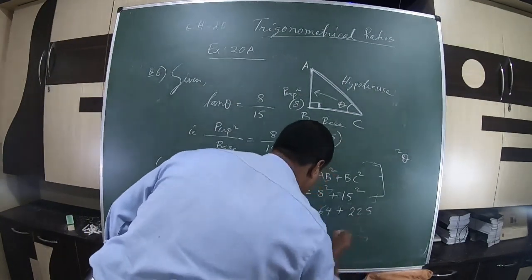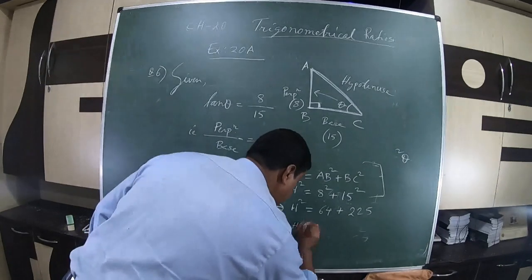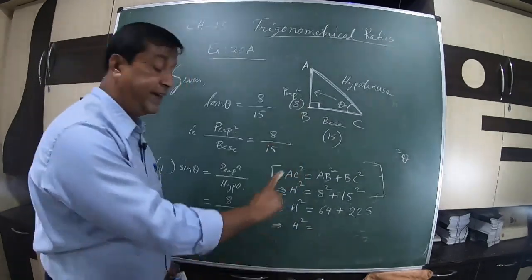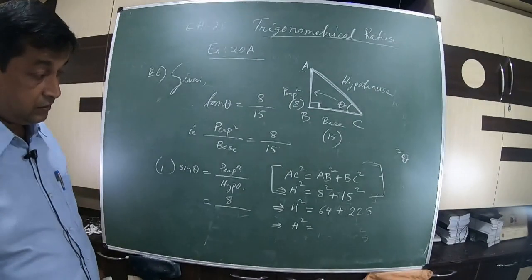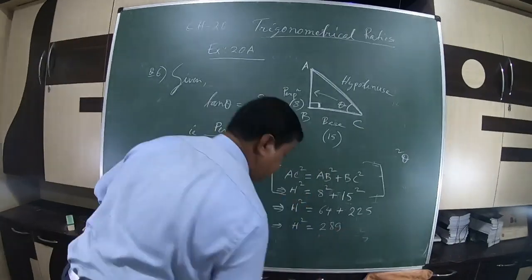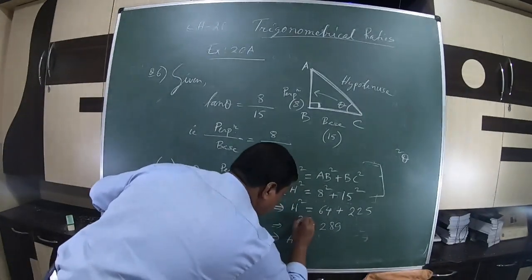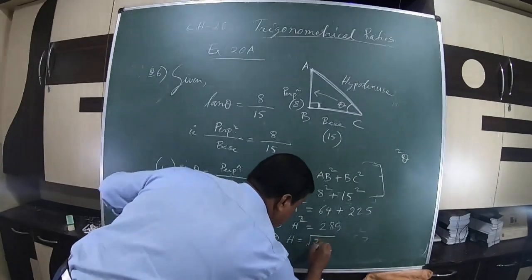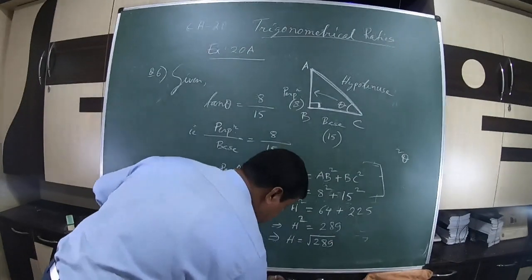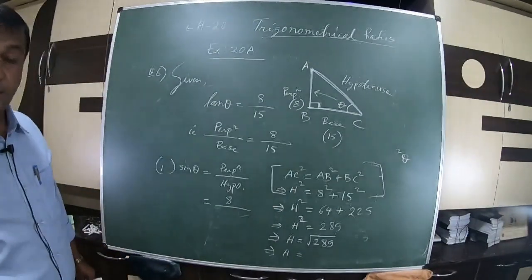Now H square equal to, if you add together, how much will you get? 289. Is not that? Now H is the square root of 289. What is the square root of 289? That is 17.